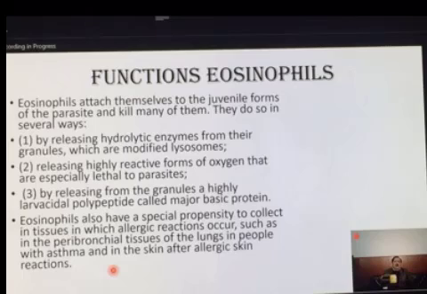Usually in asthmatic patients the count of these cells is high, or when a person has any type of allergy to food or drugs, these cells are present in large quantity in the peribronchial area and in the skin, and it can cause anaphylactic shock.